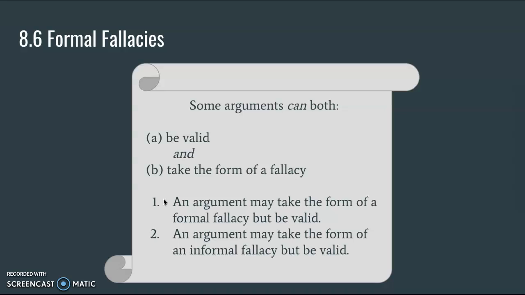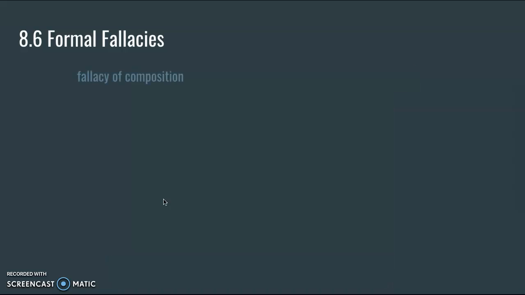I want to separate the idea of an argument being valid from the idea of it taking on the form of a fallacy. So first we're going to look at arguments that may take the form of a formal fallacy, but still be valid. And then second, we'll look at arguments that may take the form of an informal fallacy, but still be valid. Okay. So we'll go through two different examples here.